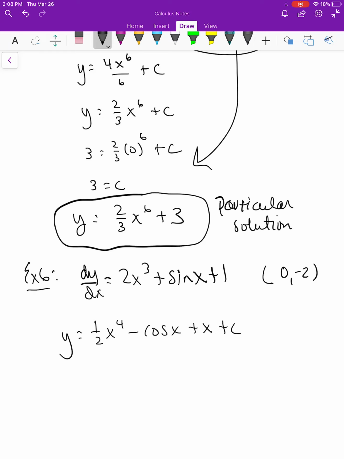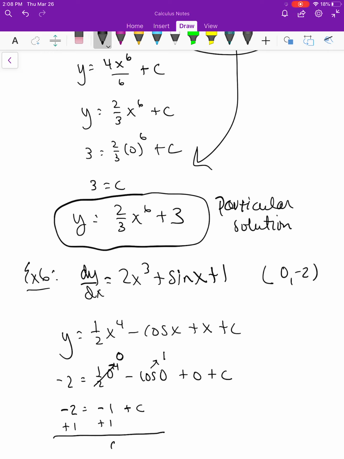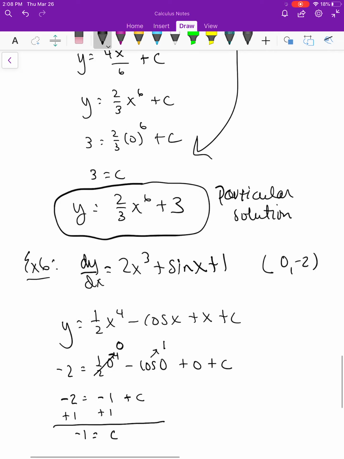We said that was our answer, but what if I said it goes through the point 0, -2? Then I would have said, okay, well, -2 equals, and I would have had 1/2 times 0 to the 4th minus the cosine of 0 plus c. Cosine of 0 is 1. Remember that. So -2 equals, now that's going to go to 0.